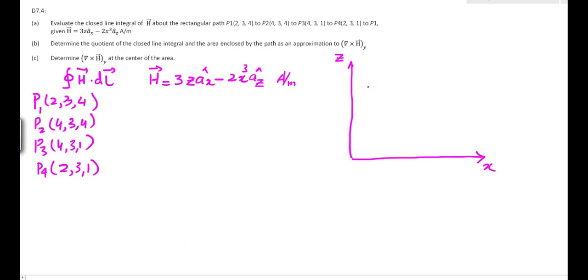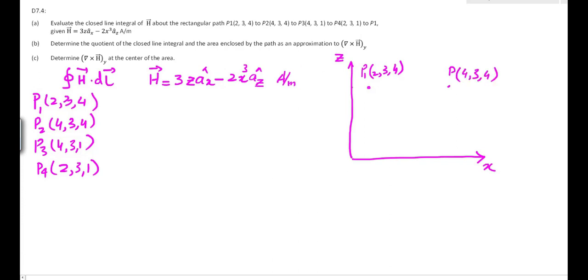So the point P1, let's say that this is point P1, which is (2, 3, 4). Then you have point P2, which is (4, 3, 4).